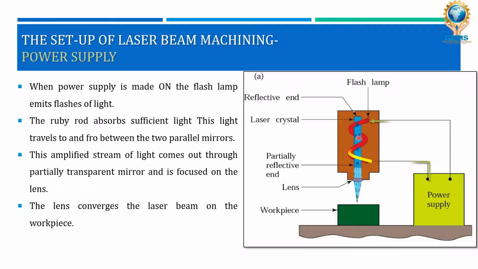These photons move to and fro, reflecting, and spontaneous emission and stimulated emission of photons also happen. Then, one time it comes out from this partially transparent mirror, and by using the lens, it will focus towards the workpiece.